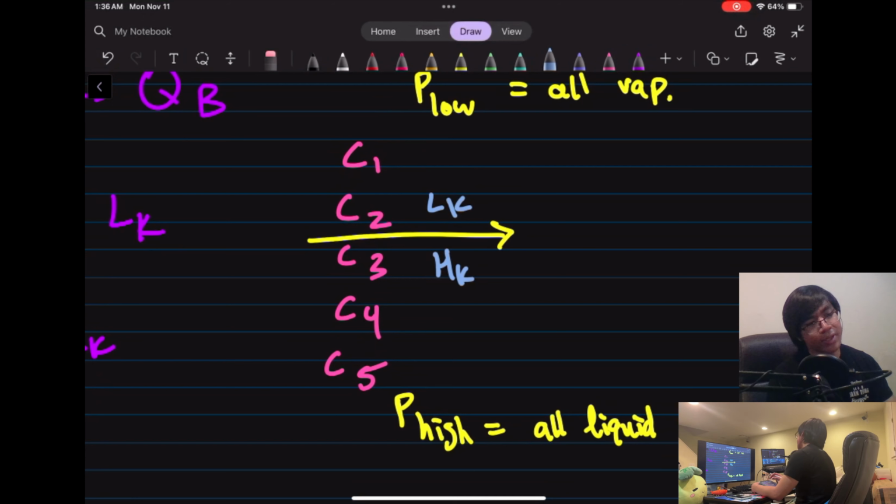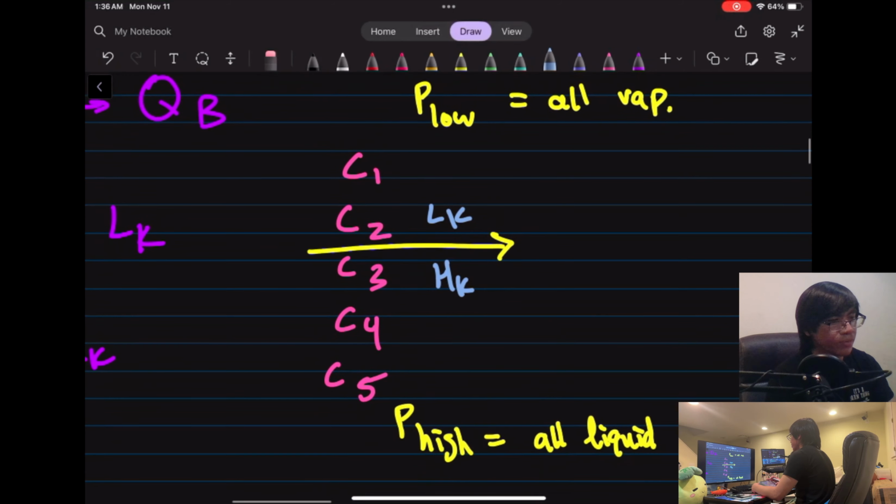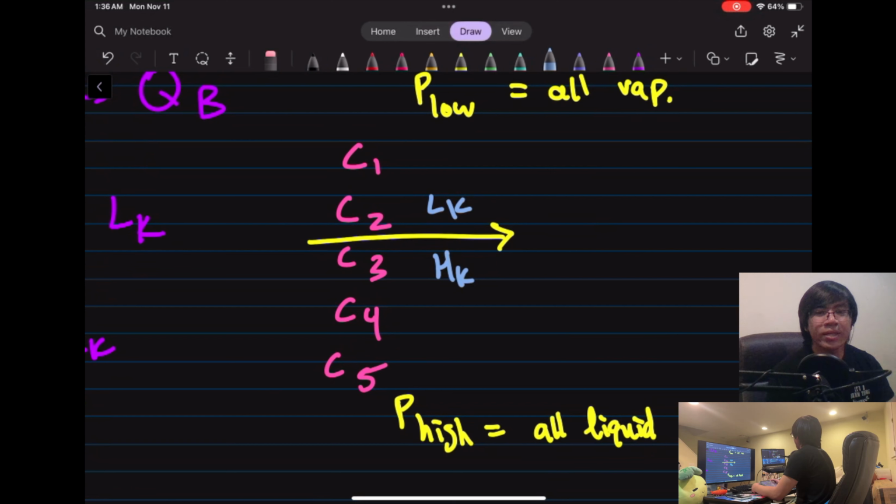These are the two portions of this multi-component mixture, C1 through C5 of alkanes, that are significant. They have significant partitioning. They have a greater percentage relative to the other components in the distillate and the bottoms. So it would be something like 95% of the light key.